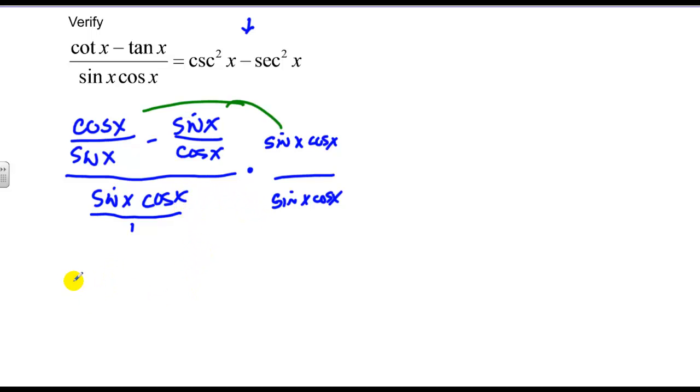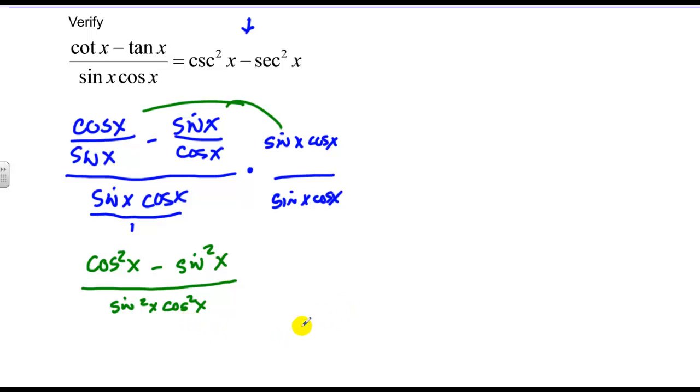So you'll notice I get cosine squared minus sine squared, which is not a Pythagorean identity, over sine squared cosine squared. Now, this is a subtraction, I'm not allowed to reduce.